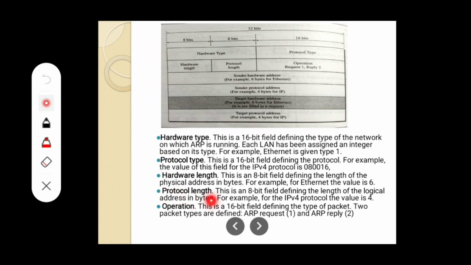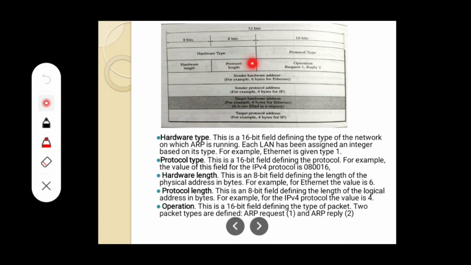Next, the protocol length. The protocol length is an 8-bit field defining the length of the logical address. This defines the length of the IP address. The hardware length shows the length of the MAC address that we are going to use, and this specifies the length of the IP address.